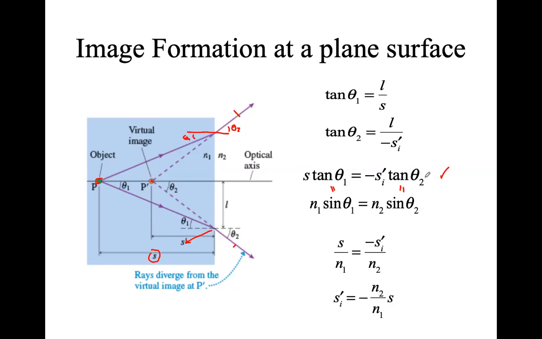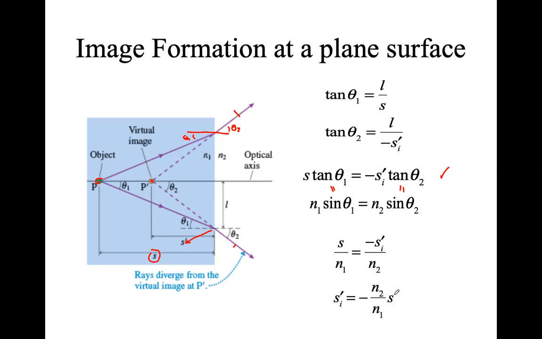The only thing I have to assume is that my angles are fairly small. So if I want to find where the image is, I just solve for it. It's the ratio of the indices of refraction times where the object actually was. And since n2 here is a number smaller than n1, since we're doing an internal case where we're starting in this material, S image will be less than S object.